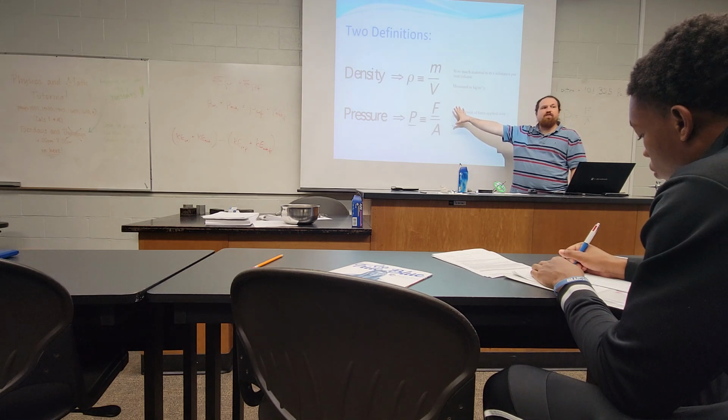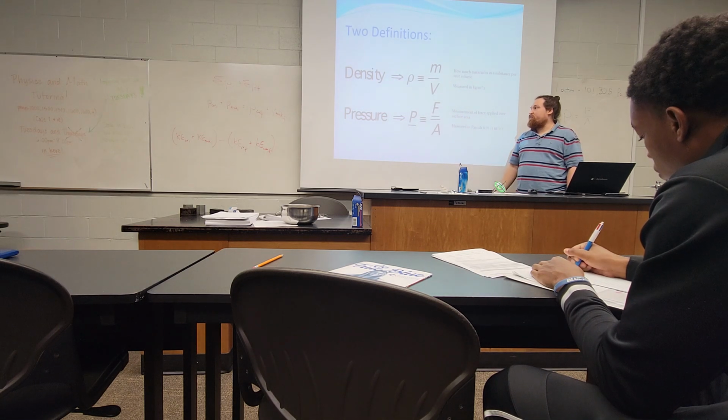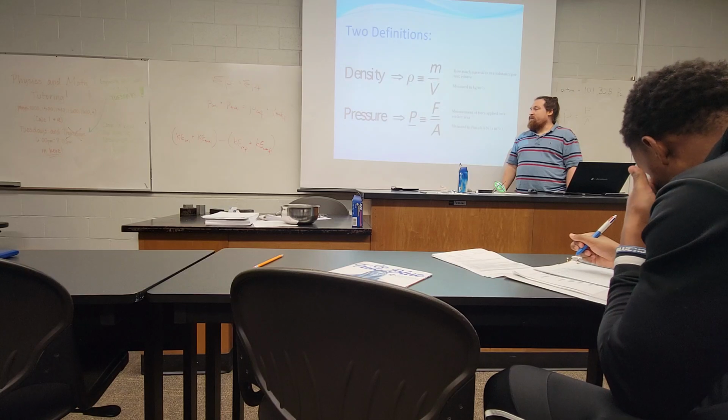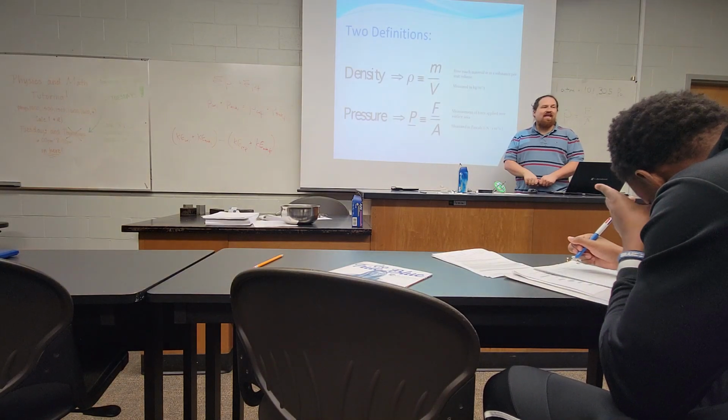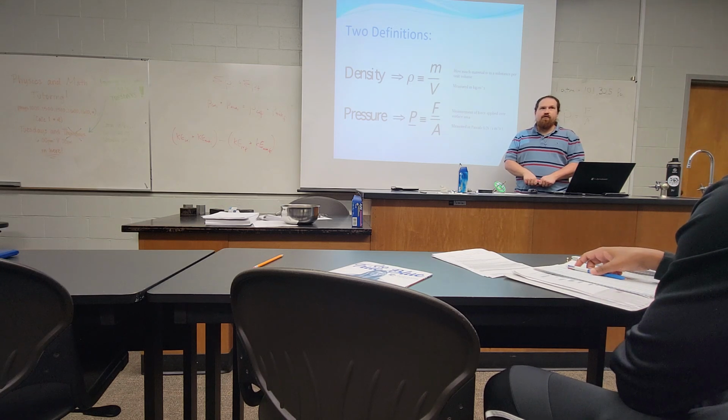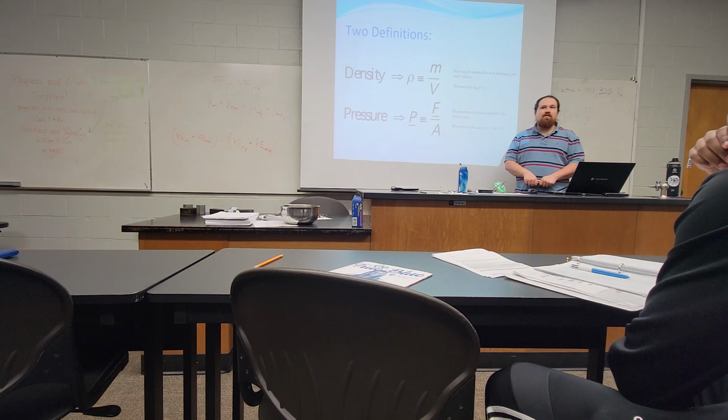We like newtons for force and meters squared for area. So that means this formula would give you newtons per meter squared, and we call that unit a Pascal. Do you guys use Pascals on the chemistry floor?